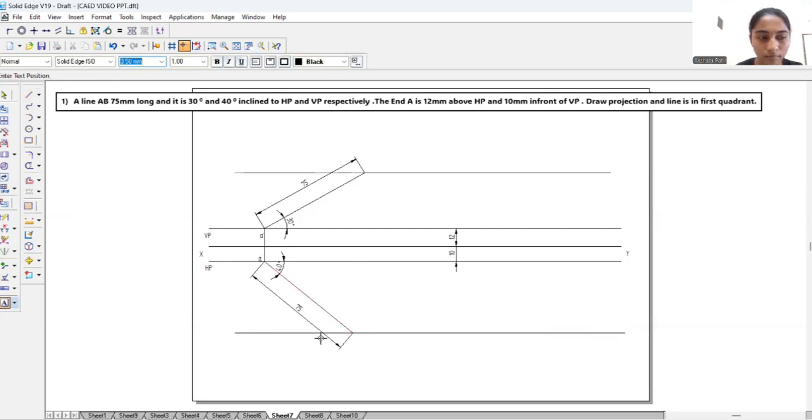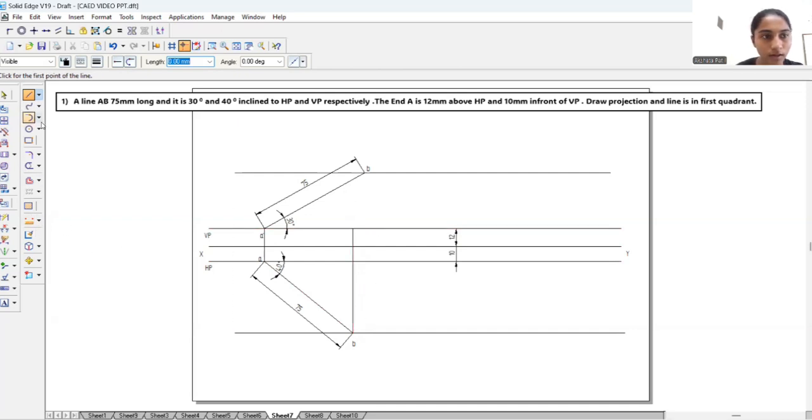Then we will name this one B and this one also B. Now we will take the line option again, and from point B we will extend this line up to the 12 mm line. From here to here we will extend this line.